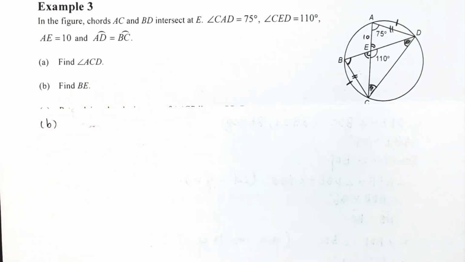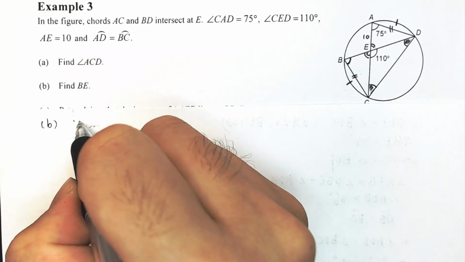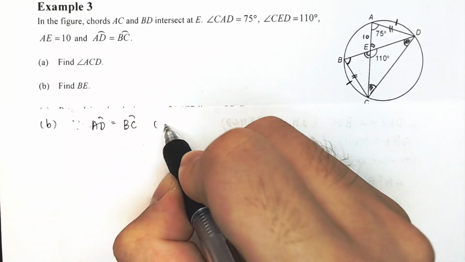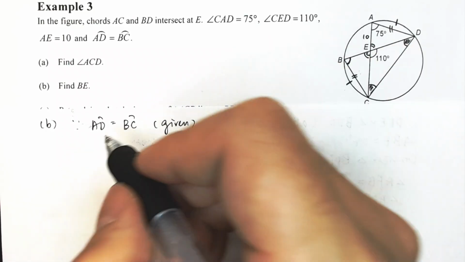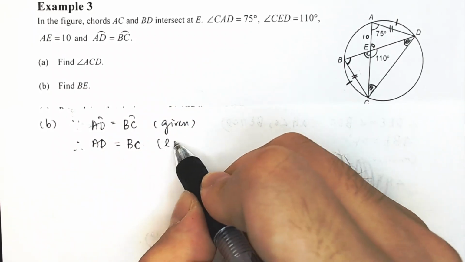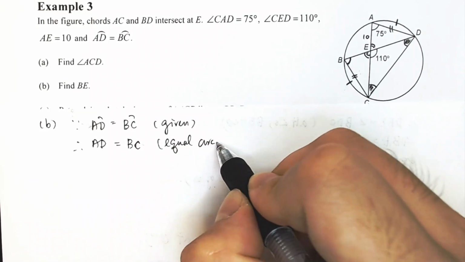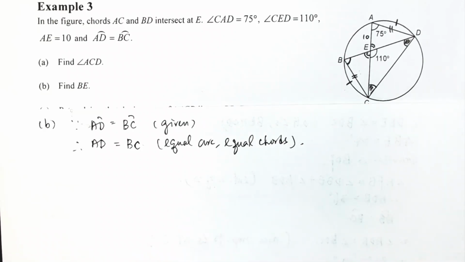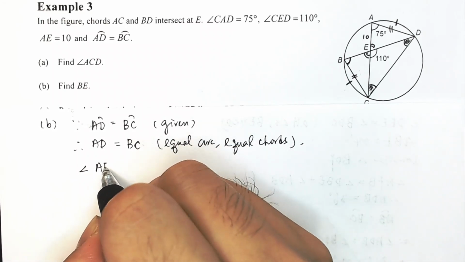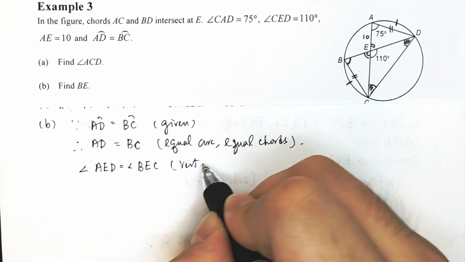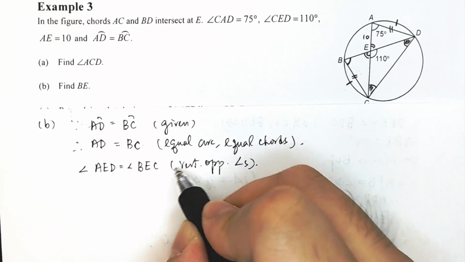So part B, since AD is equal to BC, which is given, so we have AD equals BC, equal arcs equal chords. Okay, and angle AED is equal to angle BEC, which is vertically opposite angles.